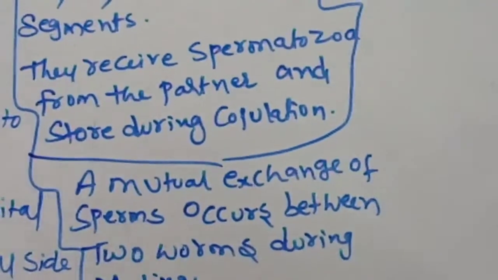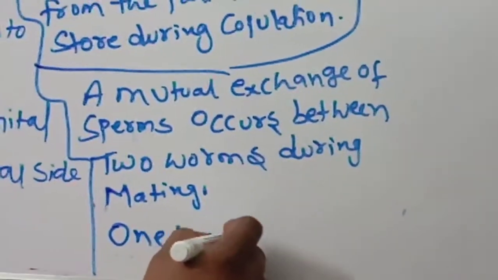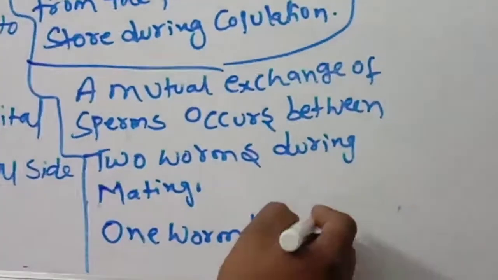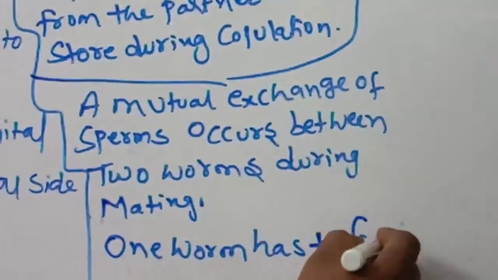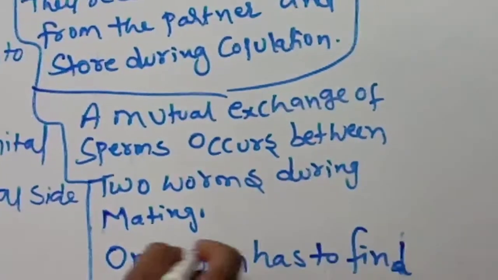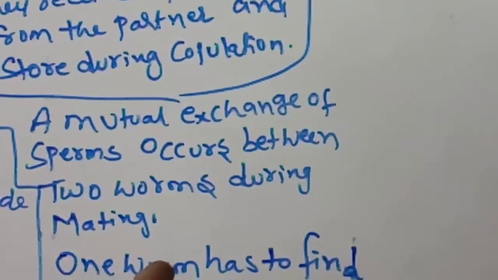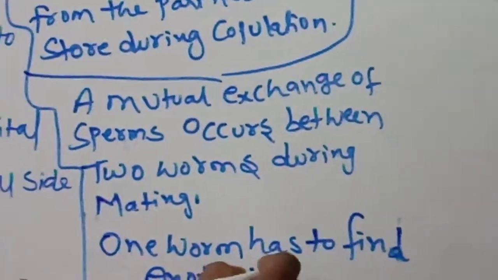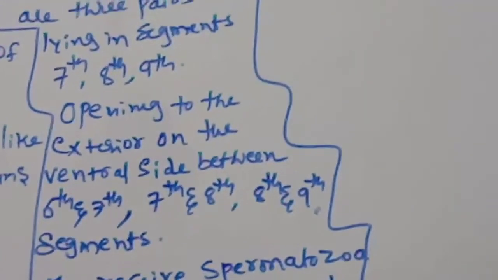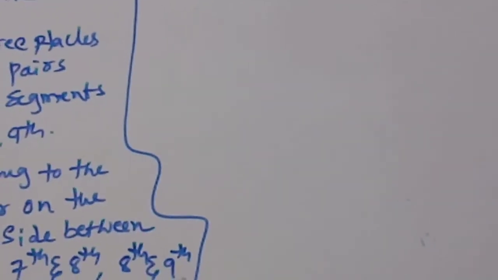One worm has to find another worm, and they mate.